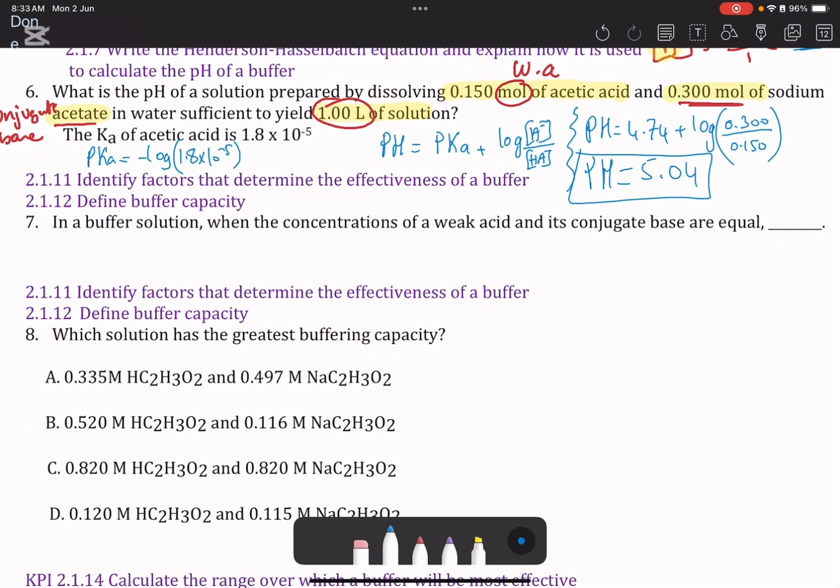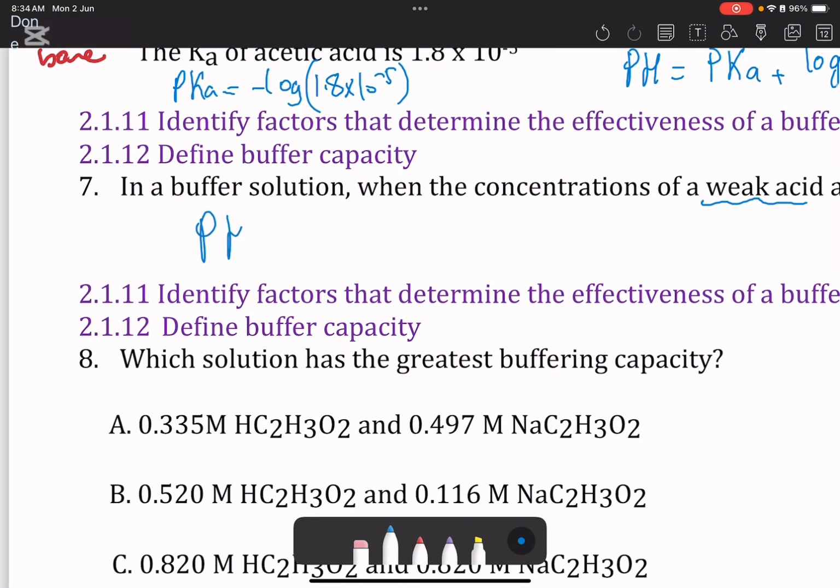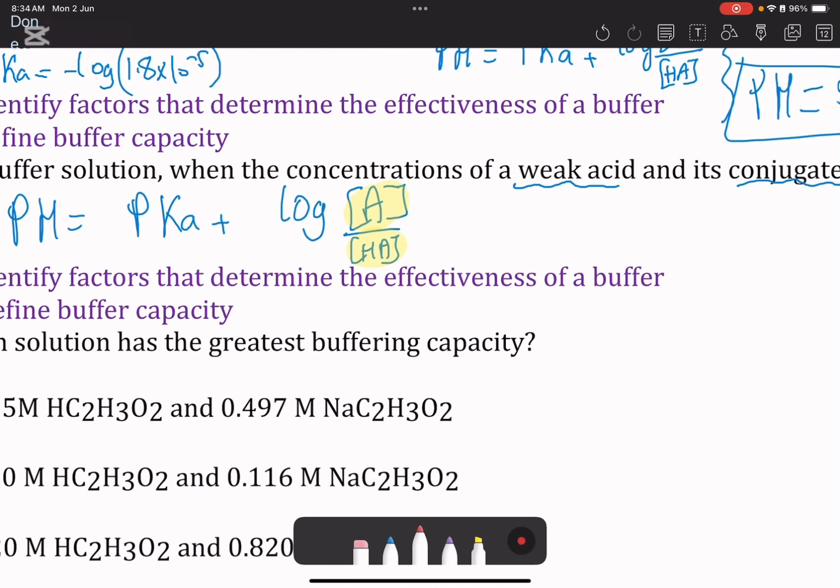Moving on. In a buffer solution, when the concentration of a weak acid and its conjugate base are equal, let's see what that means. That's the Henderson equation: pKa plus log of A minus over HA. So they are saying when the concentration of this is equal to this one, we're talking about log 1.